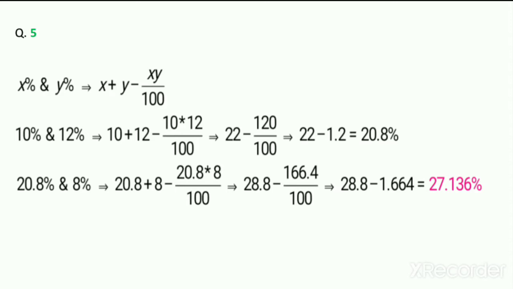We have three discounts, so first take two discounts, then with the resulting value, combine the third. So 10, 12, 8. First take 10 and 12, substitute in the formula x plus y minus xy by 100, we will get 20.8%. And again this 20.8% and 8%, then the final discount will be 27.136%.